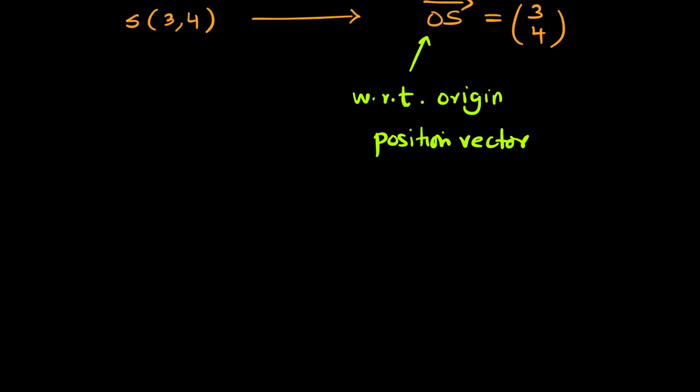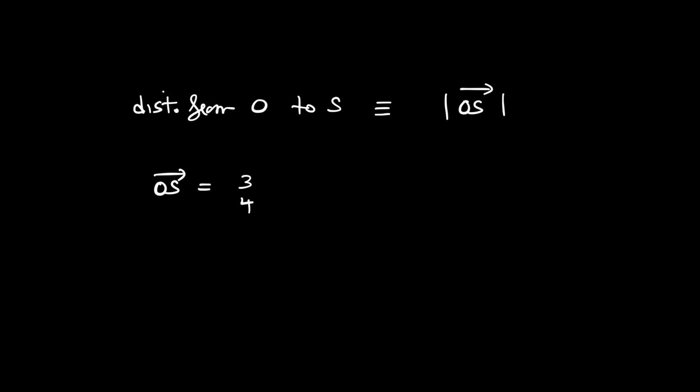So let me write it down. So distance from origin to point S is exactly the same thing as magnitude. This is the symbol for magnitude of the vector OS. We know that OS is (3, 4).